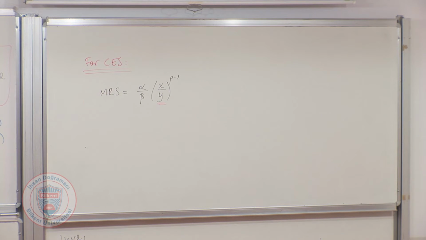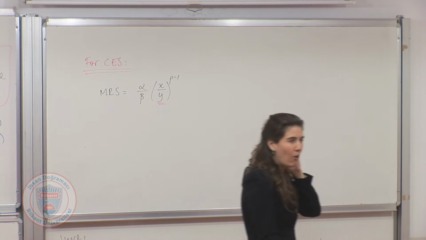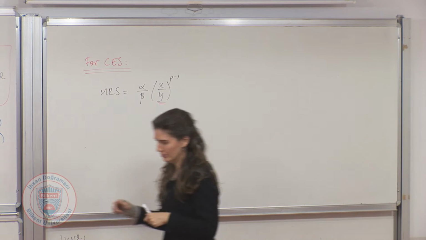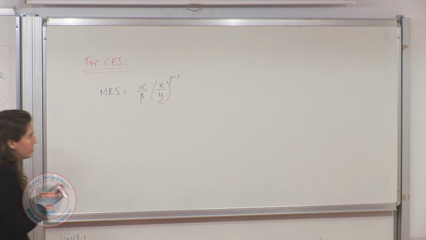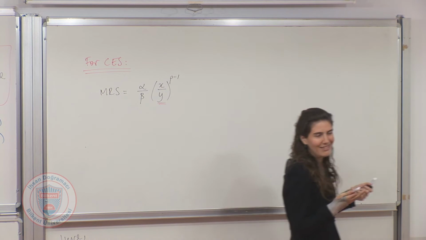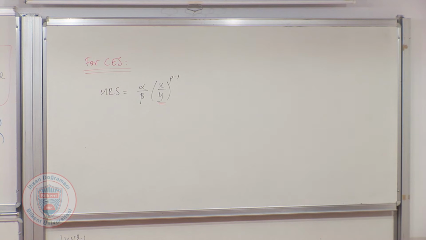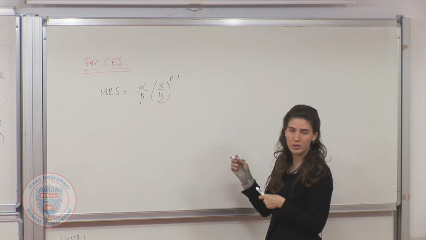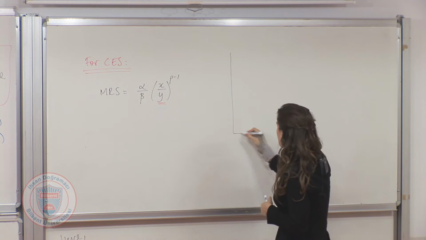Now, but why do we care about homotheticity, okay? Let's try to see why it is important, right? It doesn't sound like a very nice concept. It seems a bit abstract, but why is it important, okay? So let's draw this.